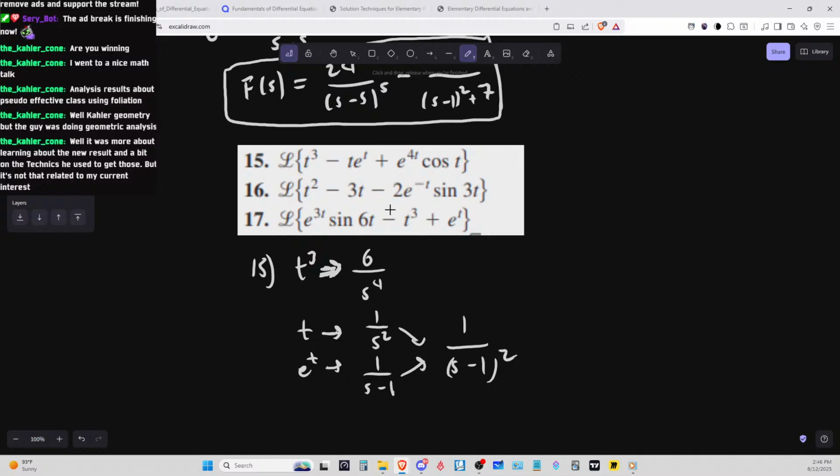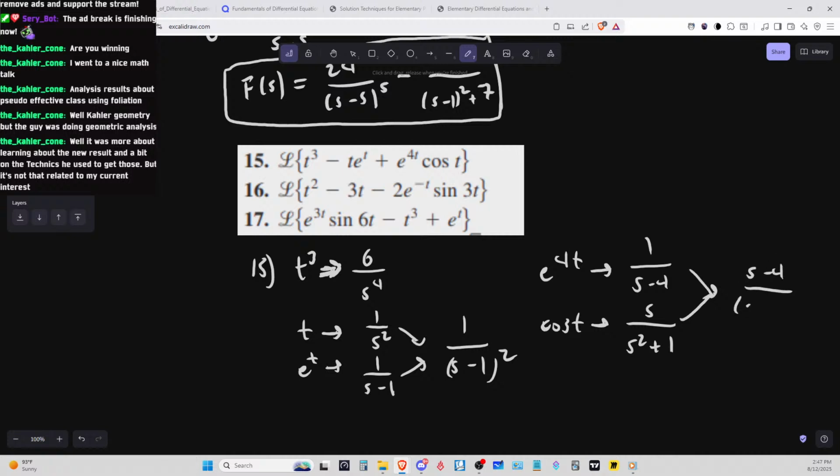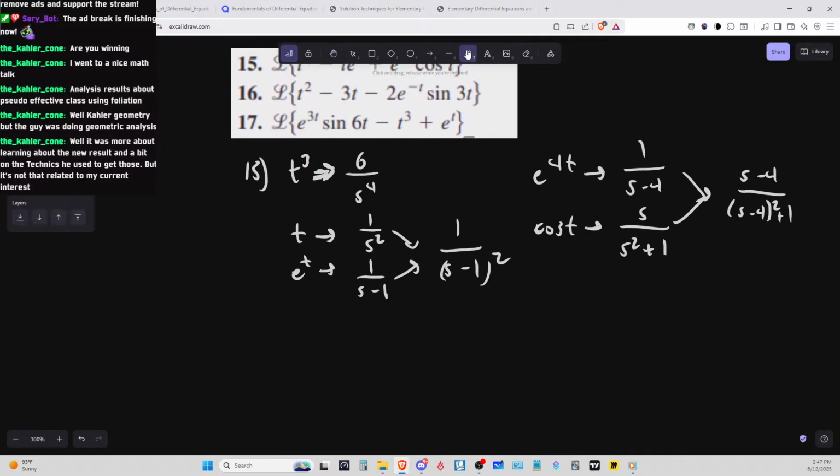And the next one, we have e to the 4t. That's going to lead us to s minus 4. And then we have cosine t, which is s over s squared plus 1. Meaning that combined together, they will give us s minus 4 over s minus 4 squared plus 1.